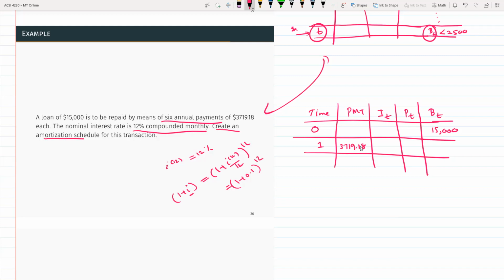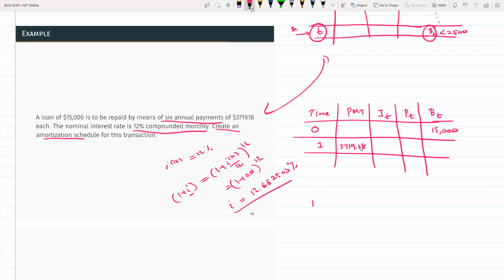Okay, so let's see what the rate is. So your rate would be 12.682502%. That's the effective rate.